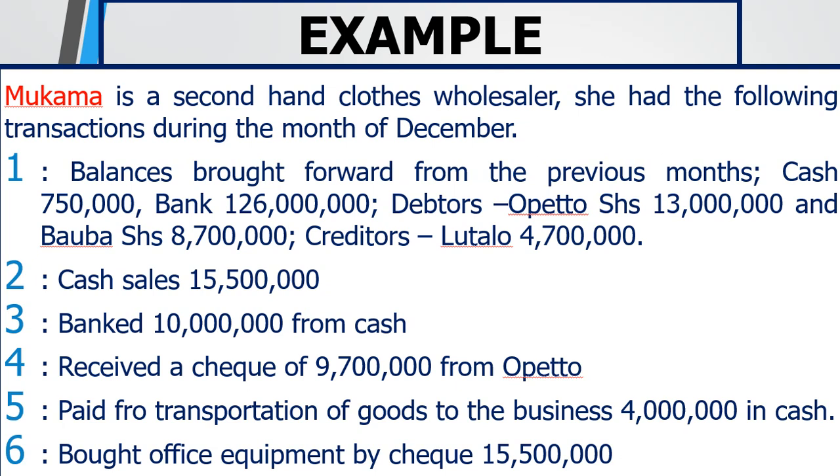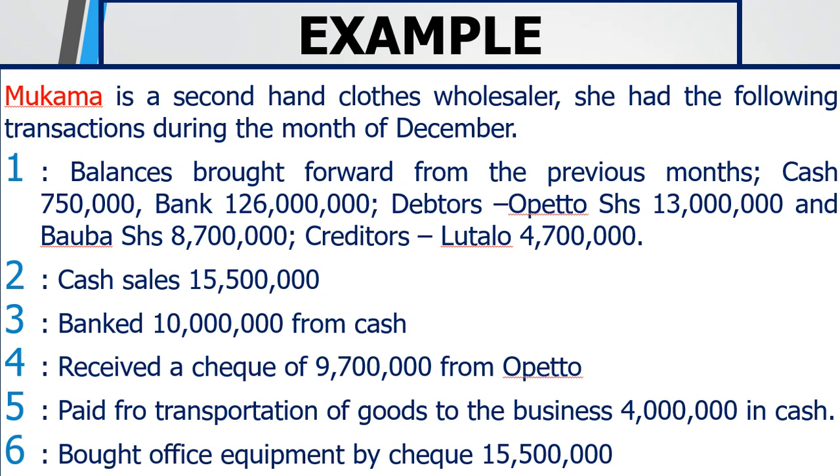But also they had debtors. Debtors, as we talked about in the definition of the cash book, are not recorded in the cash book because a transaction resulting into a debtor is not a cash transaction, meaning it was a credit transaction.